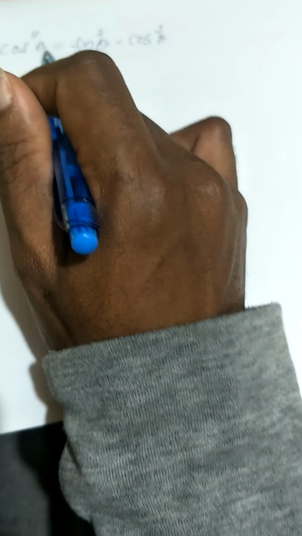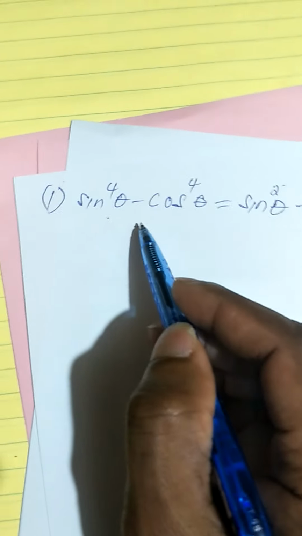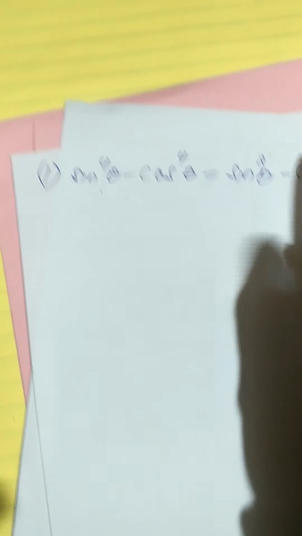Before I do that, I'm going to solve the left hand side and simplify it to make it equal to sin theta squared minus cosine theta squared, which is the right hand side.